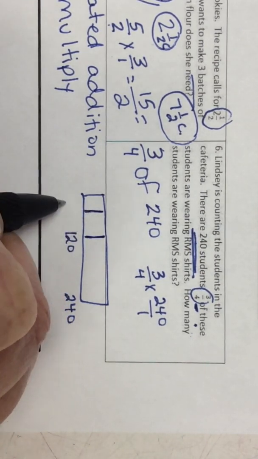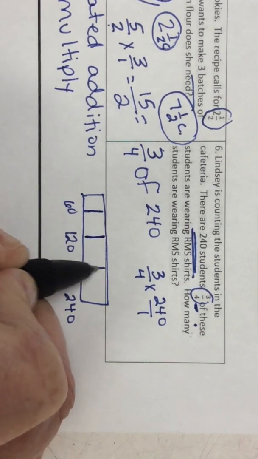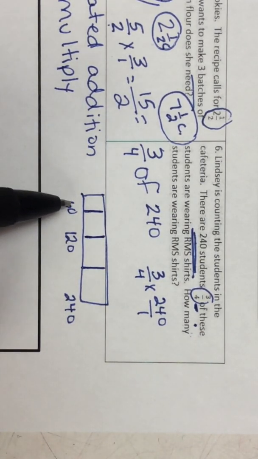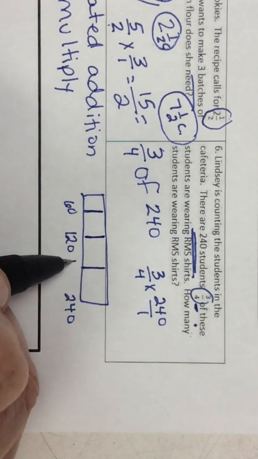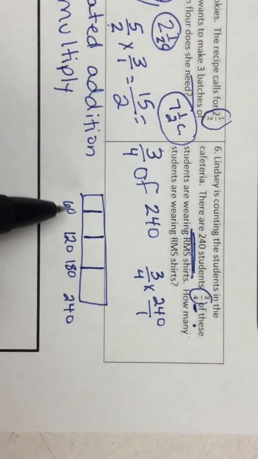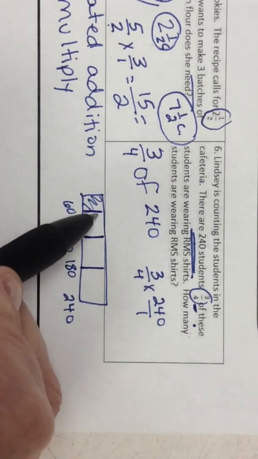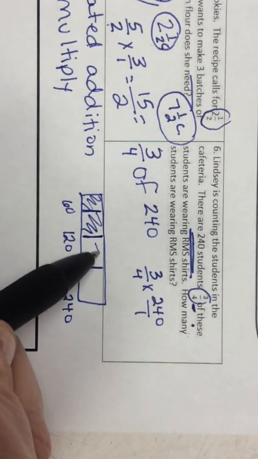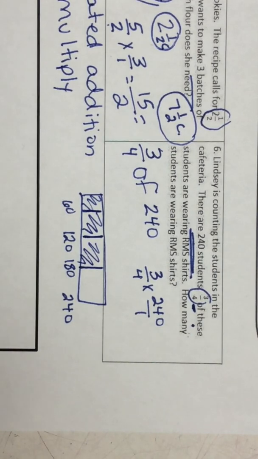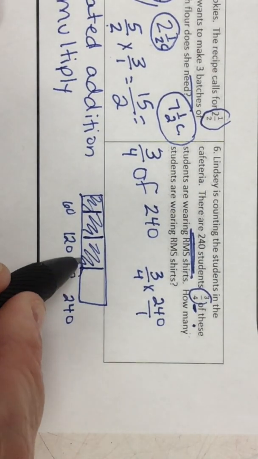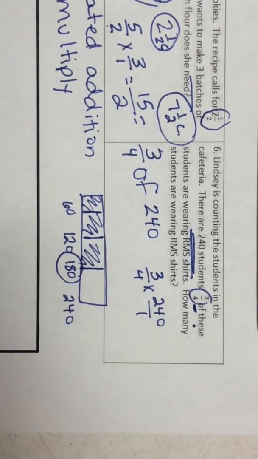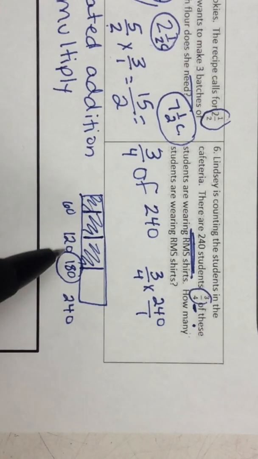What's half of that? 60. If each one is 60, 60, 120, 180. So 1/4 is 60, 2/4 is 120, 3/4 is 180. 180 is your answer.